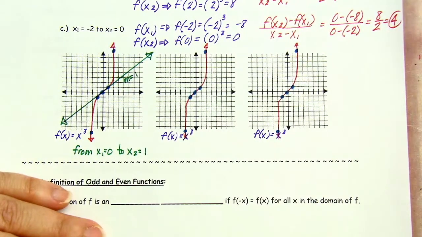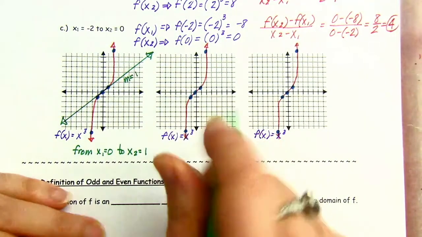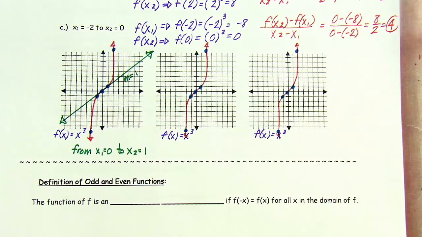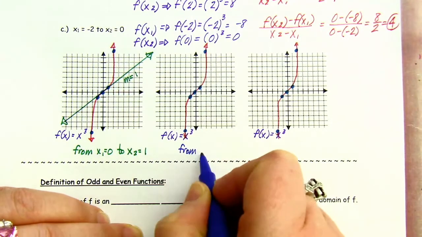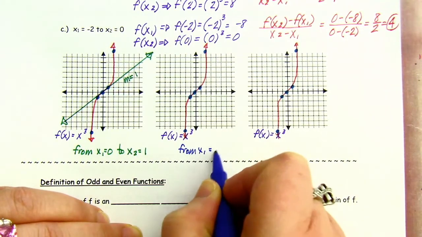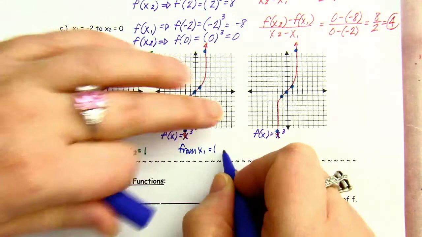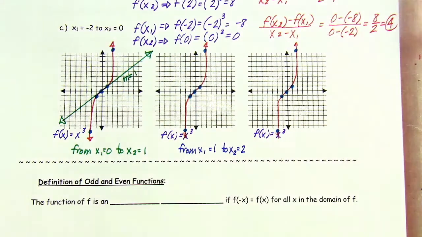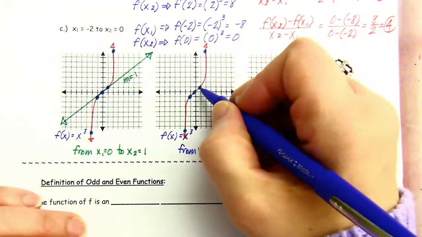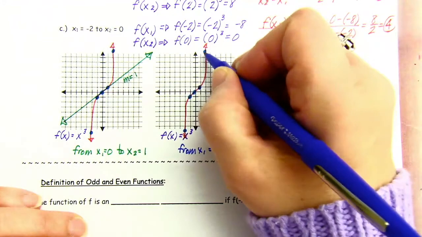All right. Maybe I should do this one in a different color. From x1 equals 1 to x2 equals 2. All right, so where x1 is 1 is here, where x2 is 2 is here.